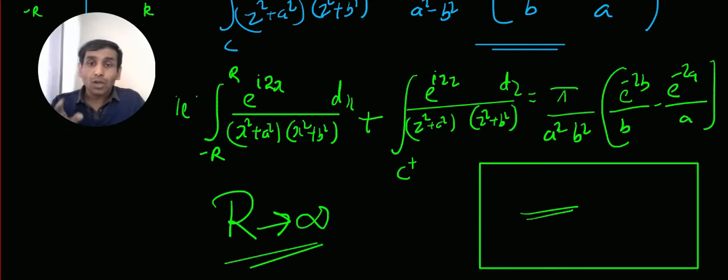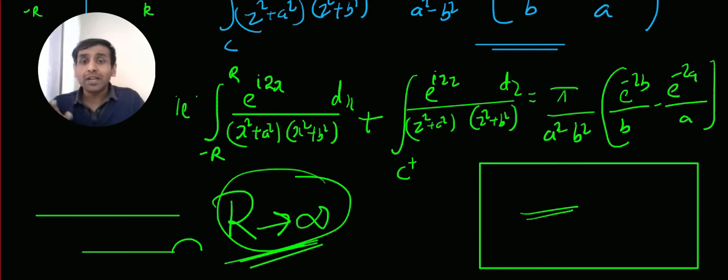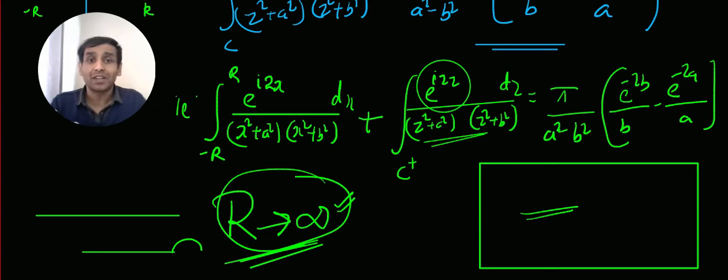But remember, Cauchy's lemma will work when R tends to infinity, and we did one special problem, do you remember? The singularity came on the x-axis. So Cauchy's lemma will work when R tends to infinity, and when R is small also. But Jordan's lemma will work only when R tends to infinity. In Jordan's lemma, there will be an exponential function and a polynomial. In Cauchy, it will be only polynomial.